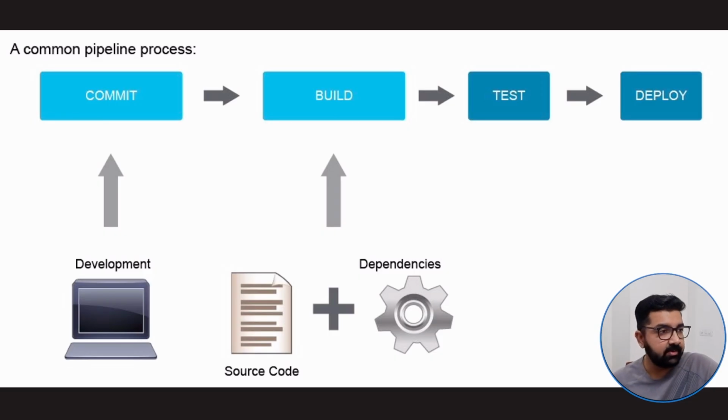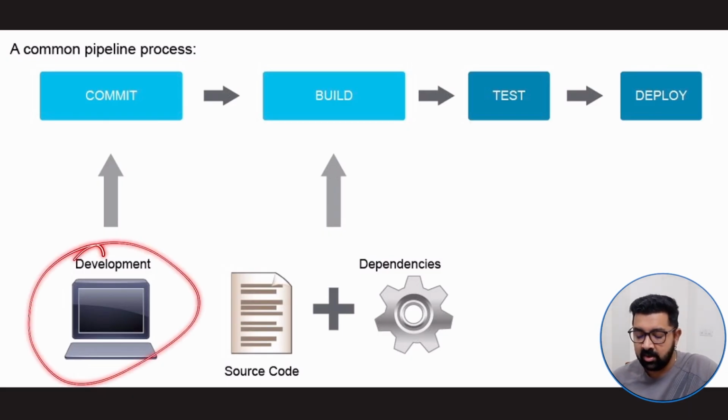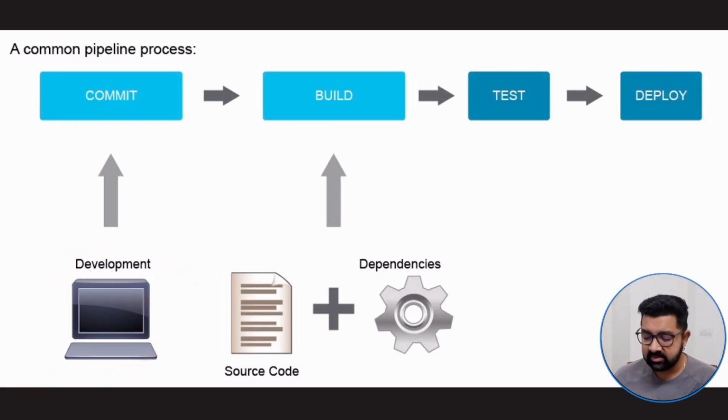So if I talk about a scenario here, you can see that this is a common pipeline process, right? Where we have the development PC, and this development PC is going to make some configuration changes locally, like maybe writing a Python script which communicates with your network devices and performs some configuration changes on those devices. So let's say on this development PC you have a few scripts, for example ospf.py, maybe vlan.py, or any other script, right?